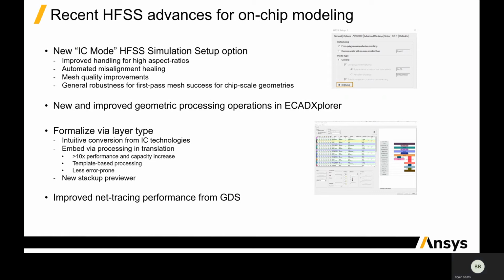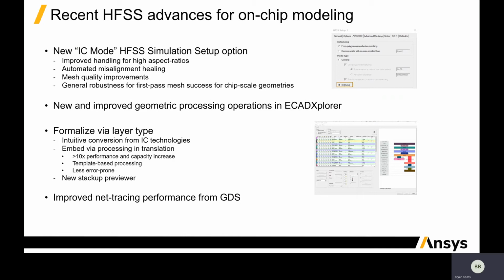A lot of this was also facilitated by new and improved geometric processing in the context of ECADExplorer, and more recently during translation itself, where we formalized the via layer type, which provides more intuitive mapping between IC technologies and an HFSS setup.